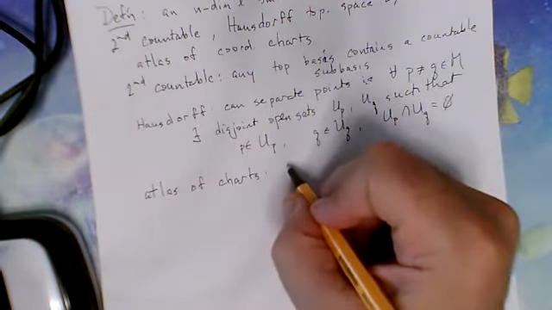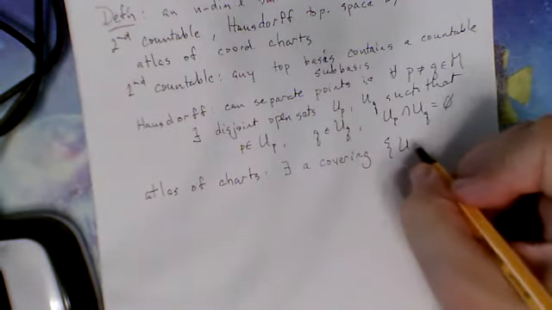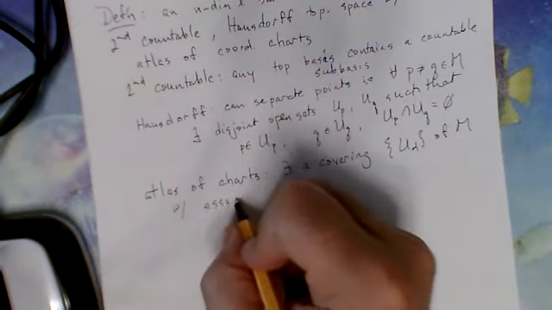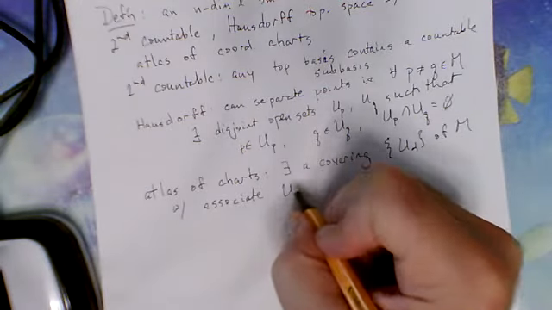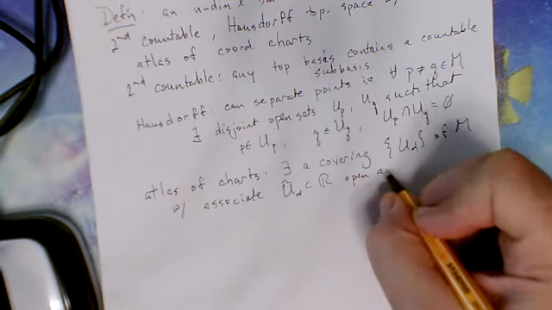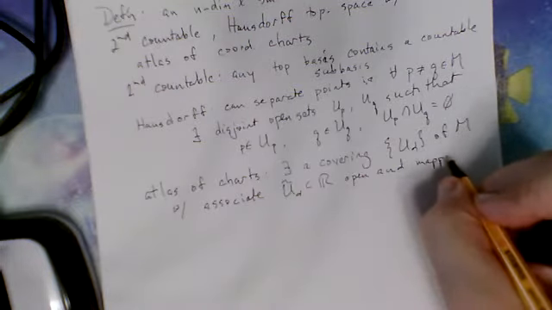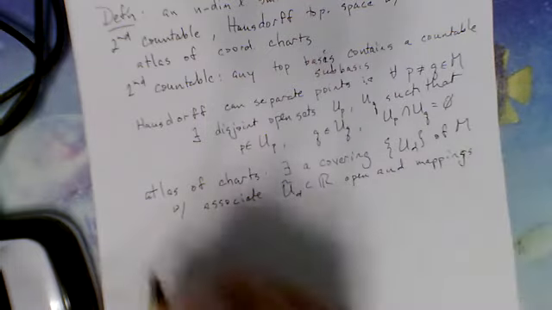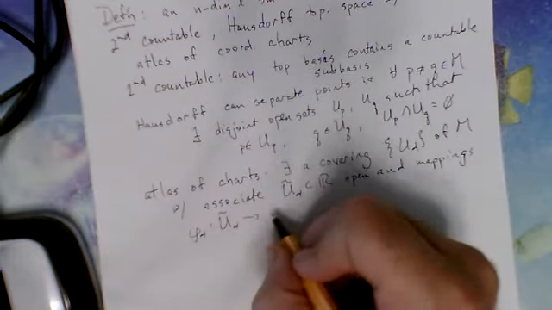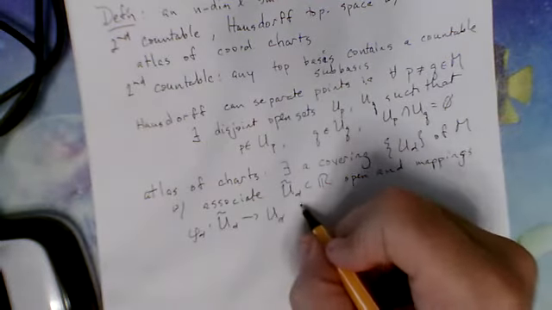So this says that there exists a covering, let's call this covering U alpha, of M with associated open sets, let's call them U alpha tilde, lying in Rn, and mappings phi alpha mapping U alpha tilde to U alpha. So these I want to be homeomorphisms.